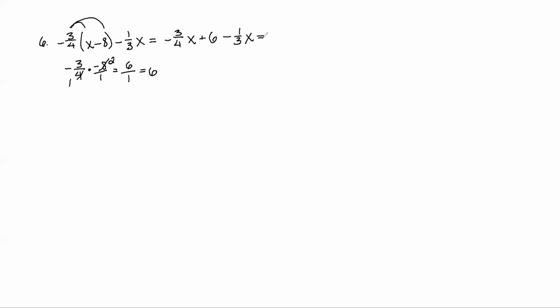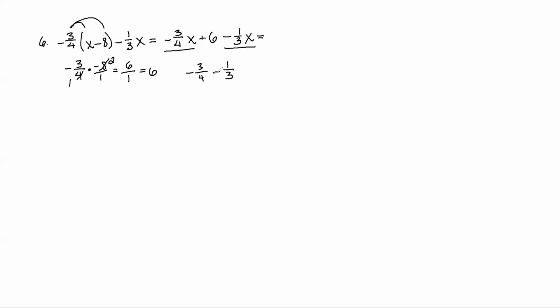All right, so now that we have our distributing done, we can go ahead and combine our x's. And these ones have fractions, so we do want to go ahead and add those fractions together or subtract depending on what we need to do with the signs here. But I'll do it right down below. So we have negative 3/4 minus 1/3.